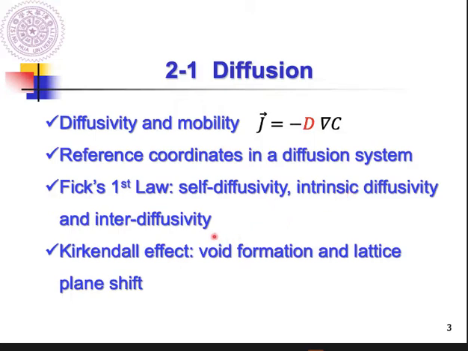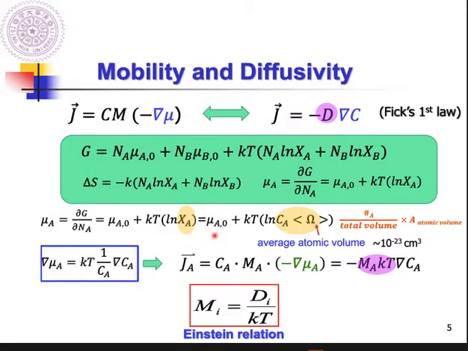Let's move to the first part. The atomic flux can be expressed as mobility times concentration times driving force, and as minus diffusivity times concentration gradient. After a series of derivations, we can get that the mobility of the moving diffusing atoms is proportional to the diffusivity of these moving atoms in these materials.